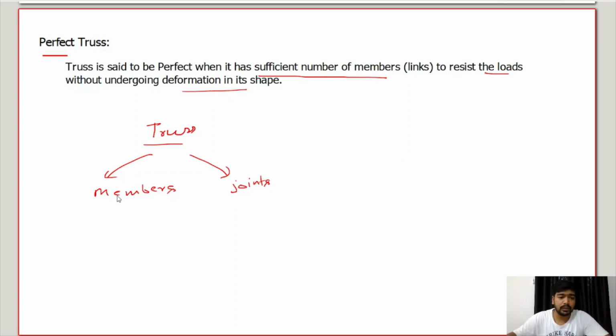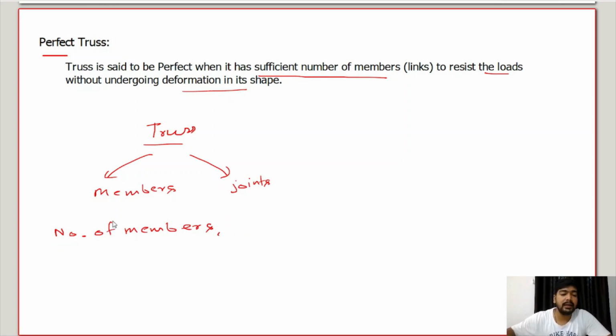So what is the number of members that the truss should have so that we can call it a perfect truss?